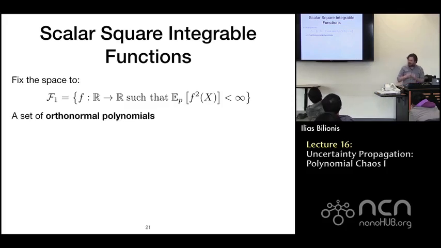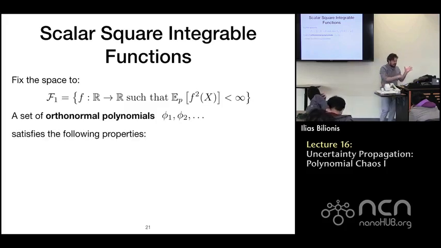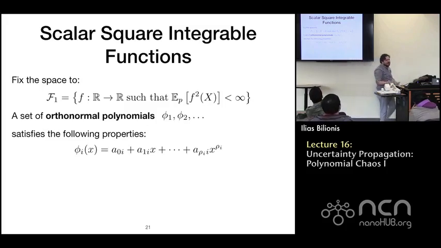And a set of orthonormal polynomials is a set of polynomials. So it's a set of functions, phi1, phi2, and so on, that satisfies the following properties. First of all, each one of these functions is a polynomial. Otherwise, I would not be calling it a set of orthonormal polynomials. I would be calling it a set of whatever.